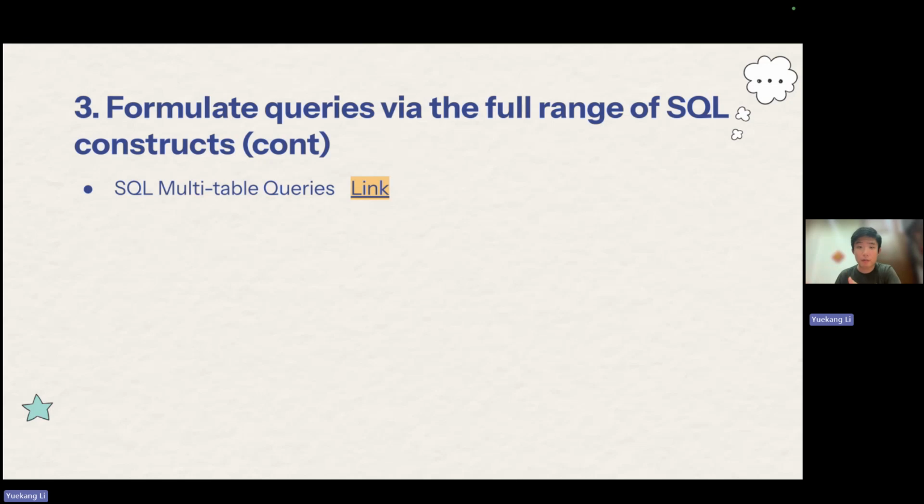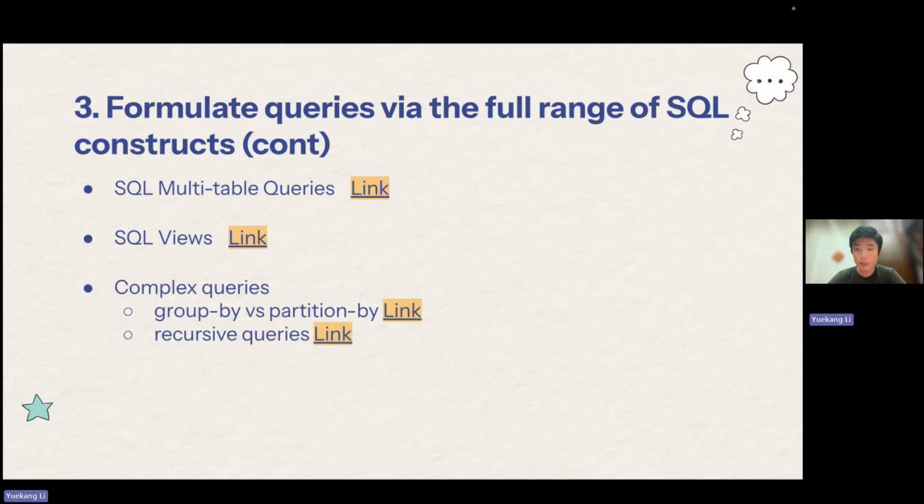And there are different types of joins. I hope we can still remember. And we also learned SQL views. We can store data or intermediate data into views.